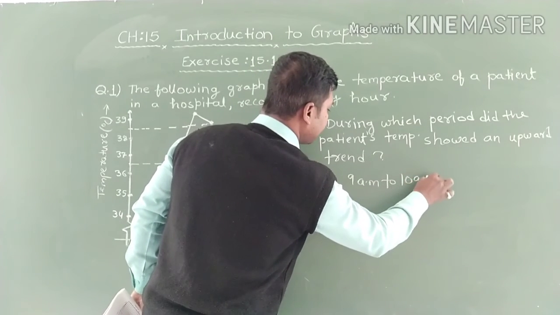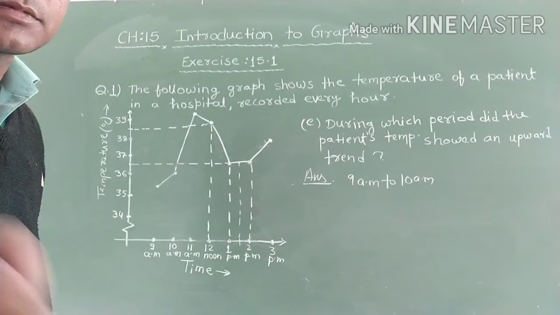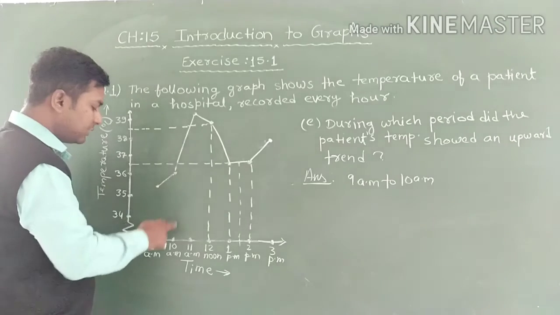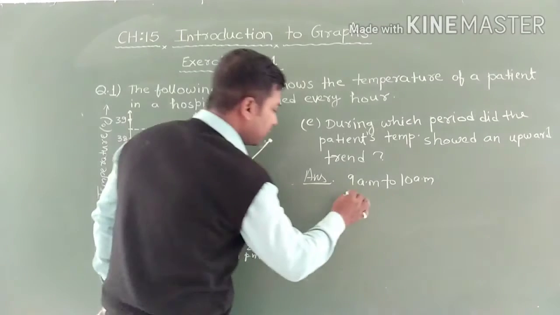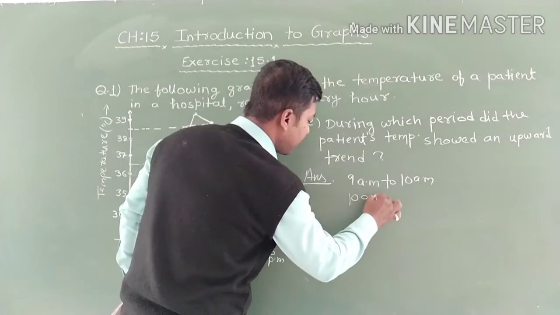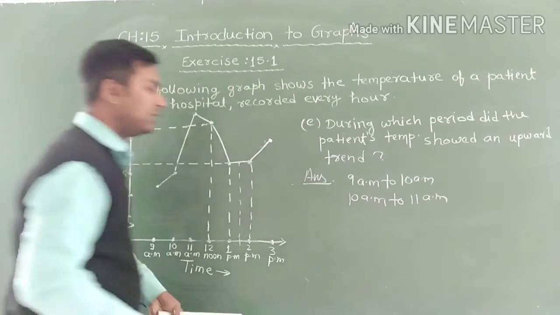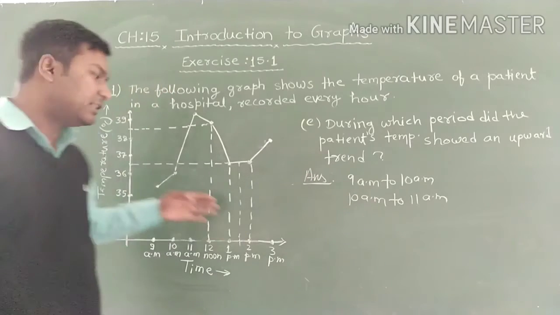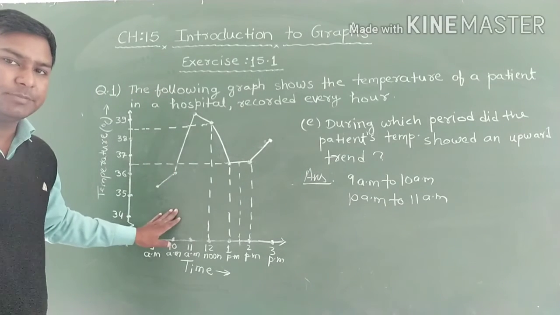The other will be this line segment, which is 10 a.m. to 11 a.m. So at these two intervals of time, the line segment trends upward. It's very simple.